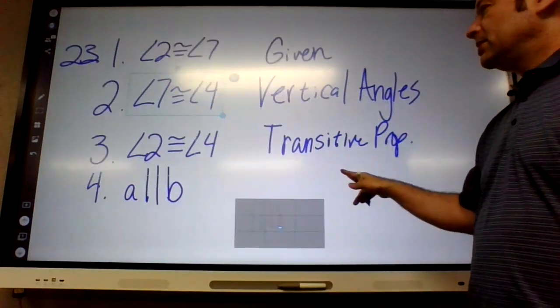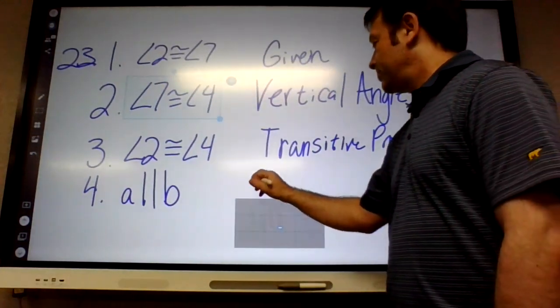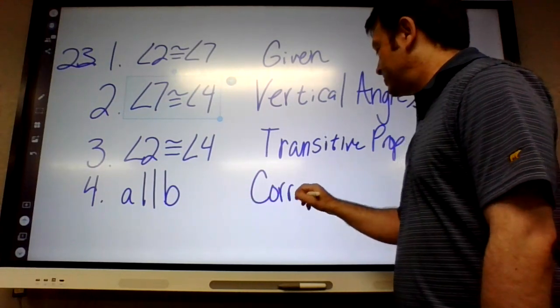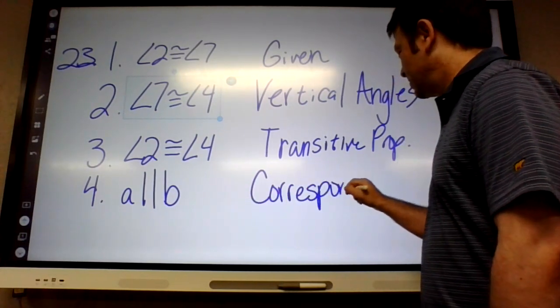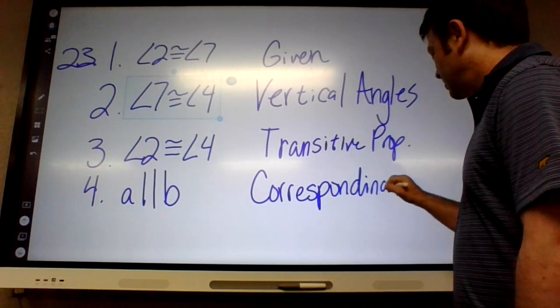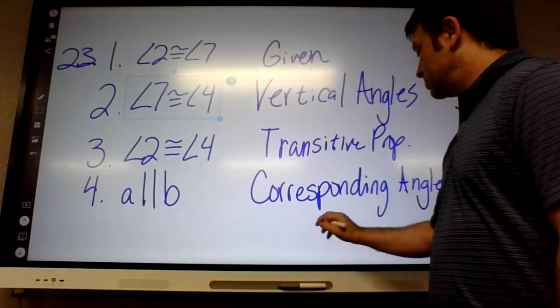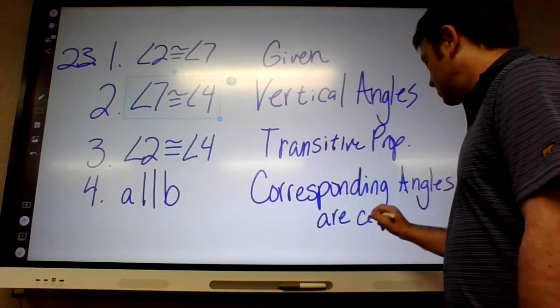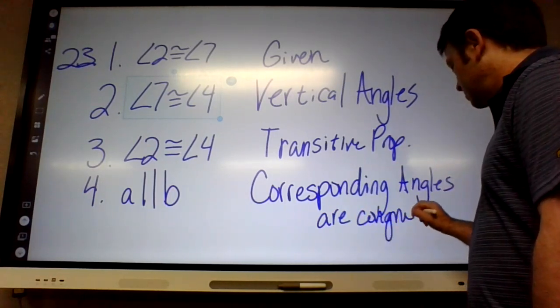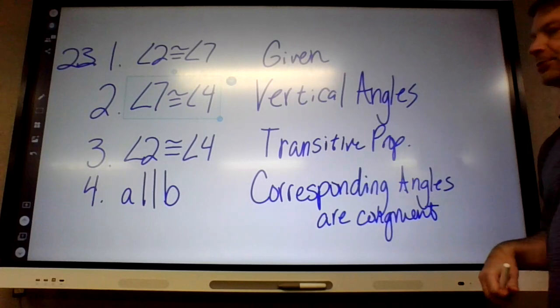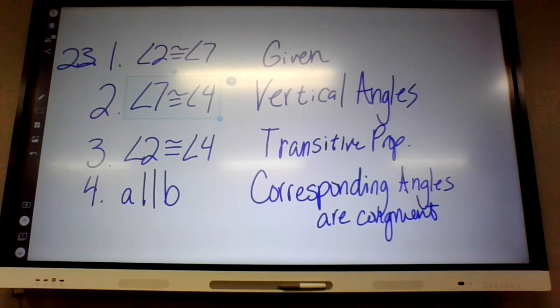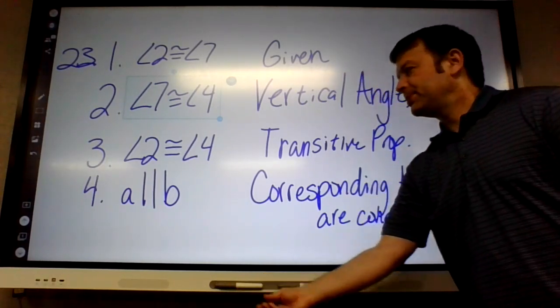Right. You're starting with corresponding angles that are congruent. So corresponding angles are congruent. That's called the corresponding angle postulate, but let's just write it out.